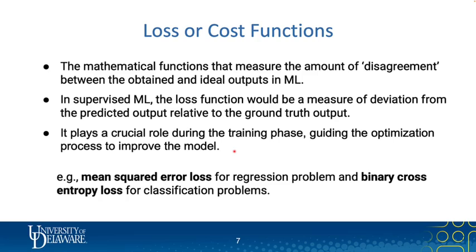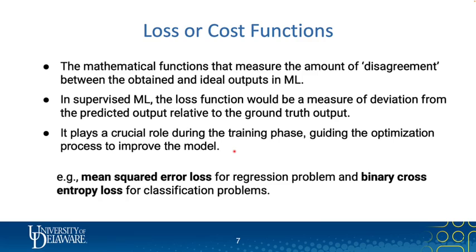The terms loss function and cost function are often used interchangeably, but they have subtle distinctions. Loss function refers to the error calculated for an individual training example, whereas the cost function represents the average of the loss function across all training data, providing an overall measure of the model's performance.